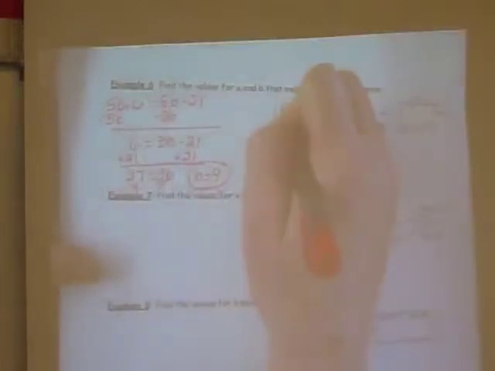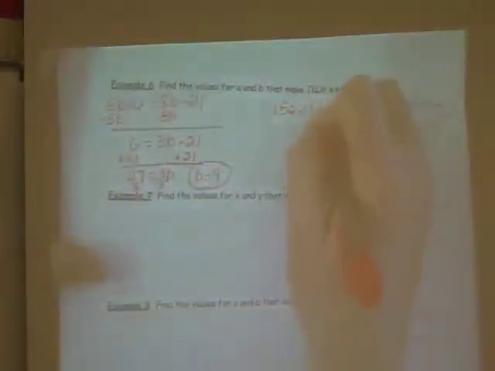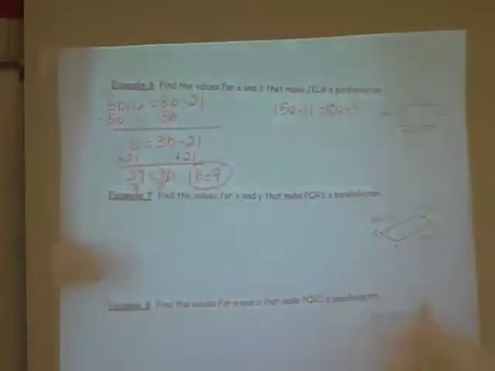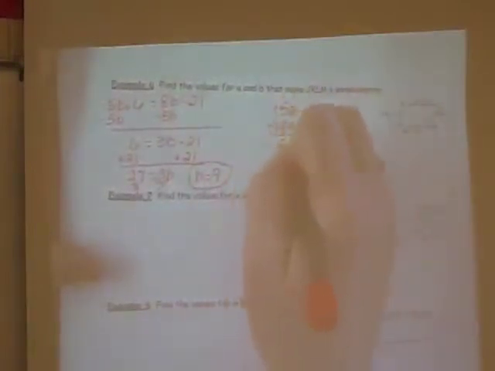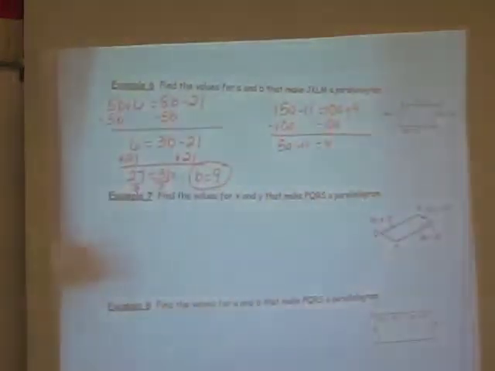The other sides, KJ and LM, if we set those equal to each other, 15A minus 11 equals 10A plus 4. From there, we subtract 10A from both sides, and we have 5A minus 11 equals 4.